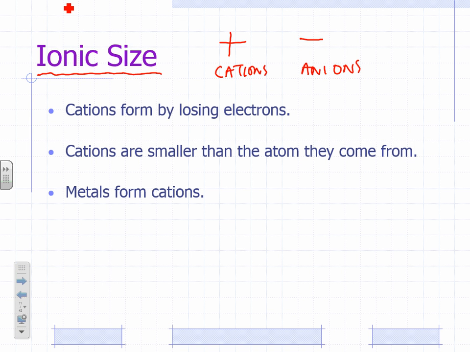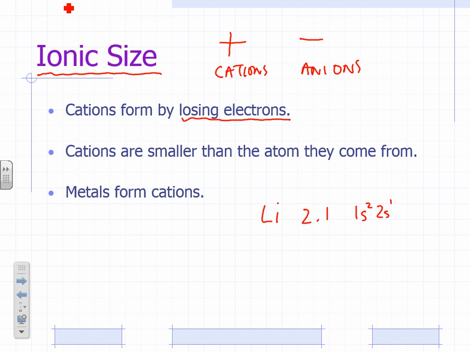Now cations form as a result of losing electrons. So just to explain that, if we take lithium as an example, lithium is the third element. It has a configuration of 2.1. Now we should be writing this in subshell configuration. So it's 1s2, 2s1.